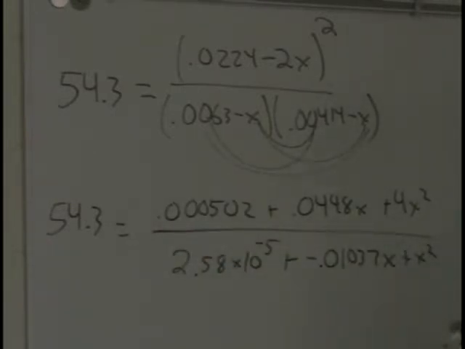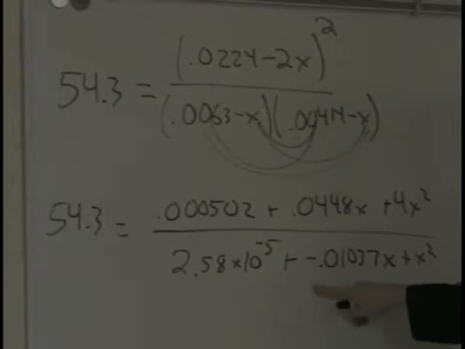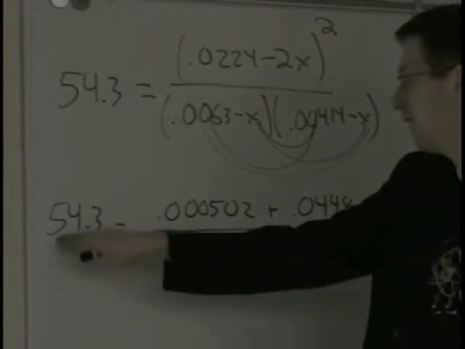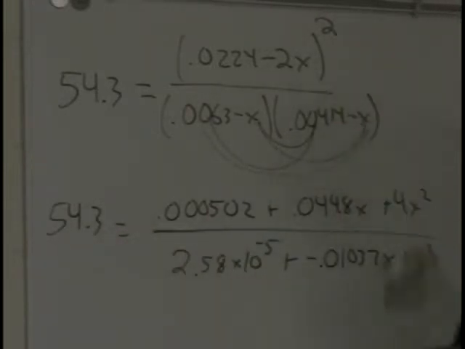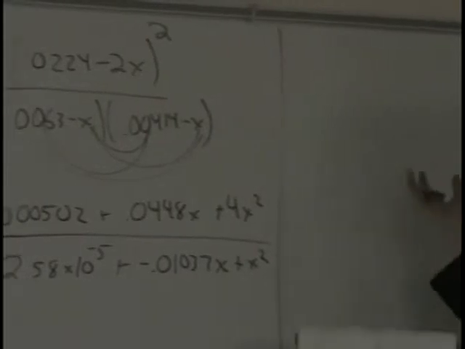What I would next do is multiply both sides of my equation by the denominator. That way, I can get 54.3 times all this. I can get rid of my denominator. It's usually a little bit easier to simplify from there. So that step, maybe I'll kind of draw a line separating this all out.